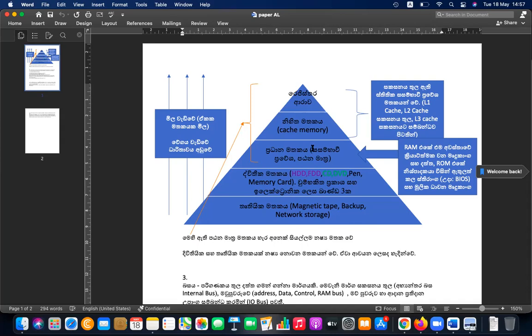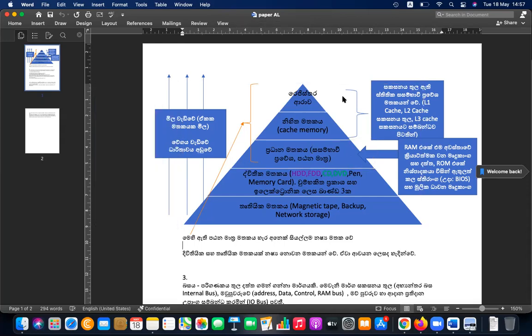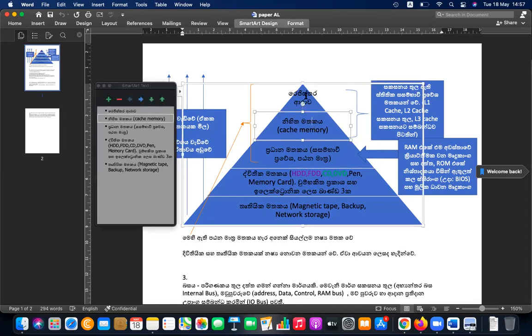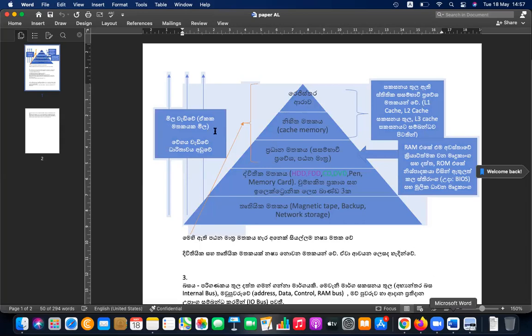Then you have the main memory, random access memory and read-only memory. Then the cache memory, and on top of that the registers. This is how memory is organized in a computer. I'll take a copy of these and explain in English.